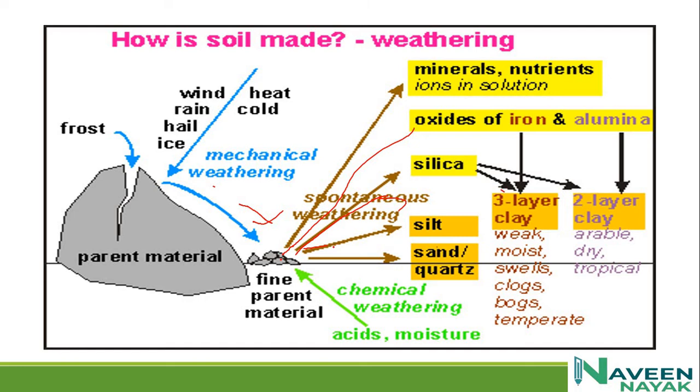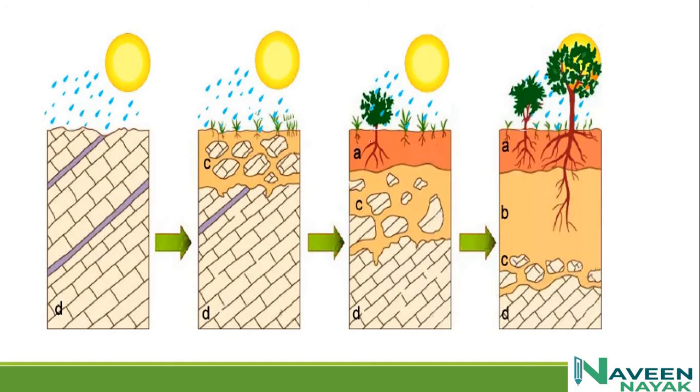Based on the parent rock, the soil is formed. You can see in this how the rock is disintegrating. After disintegrating, it forms the soil.